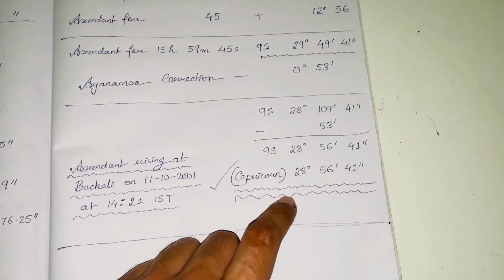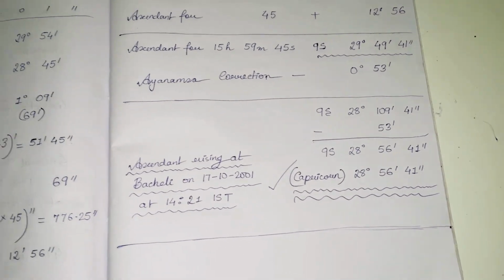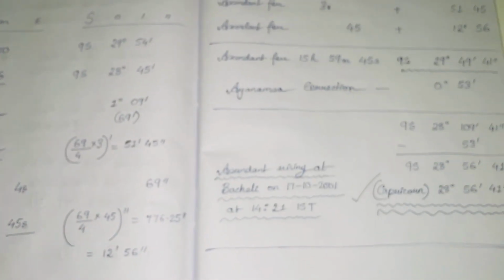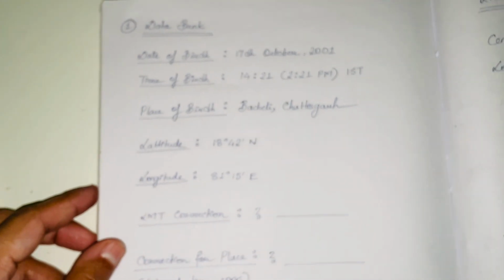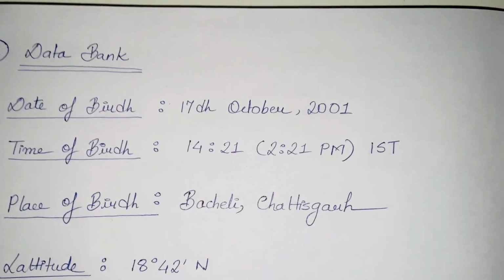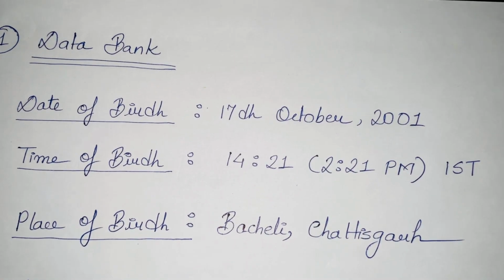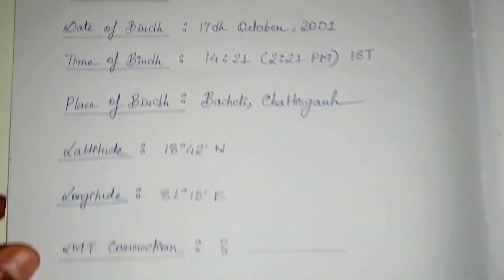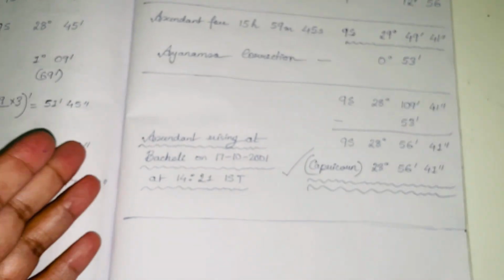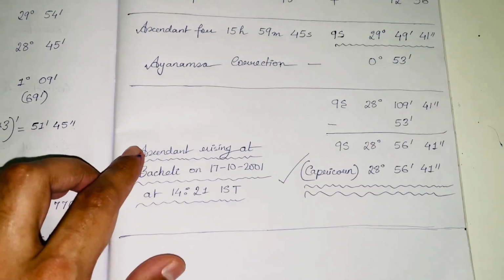So this is our ascendant rising that we have beautifully, absolutely very correctly calculated for this particular birth detail that you can see right now in front of your screen. So this is what I have written. This is what you also need to write in your notes.